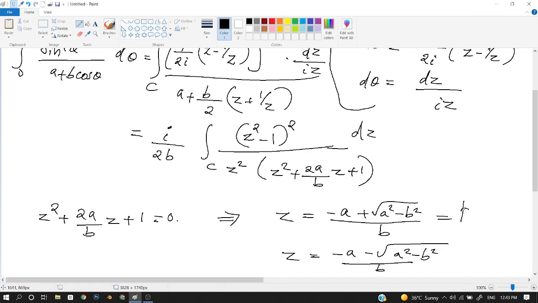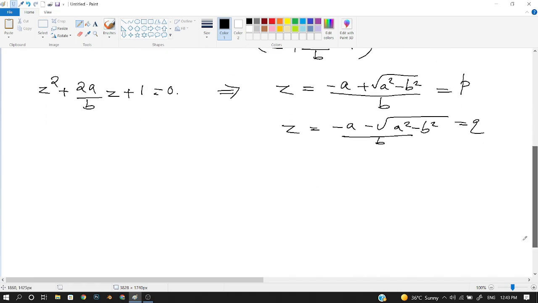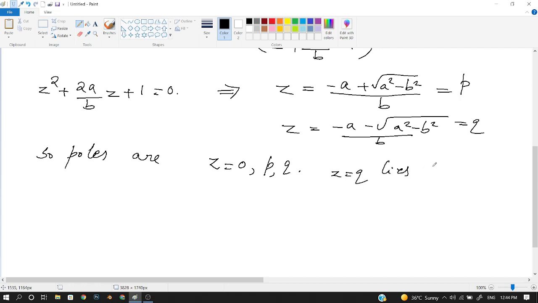Let us call these p and q. So the poles are z equal to 0, p and q, and here z equal to q lies outside C.